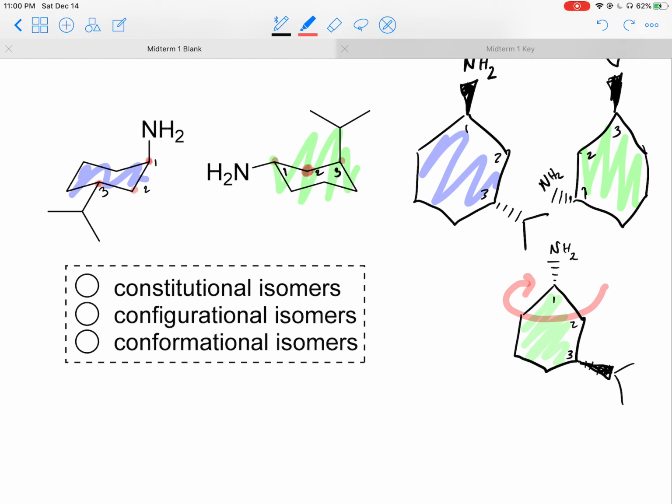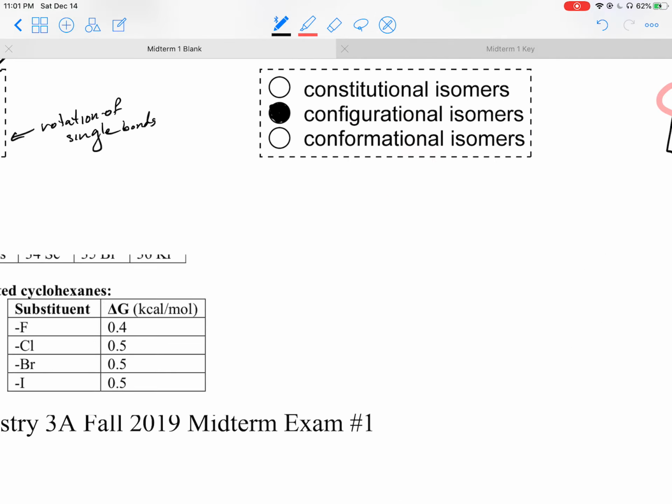I don't know if we had gotten to that part yet in the class, but basically we can't superimpose them onto each other, and so that's when they're configurational isomers. The way you think of it is the same atoms connected to each other, but rearranged in space. So let's just write that down.